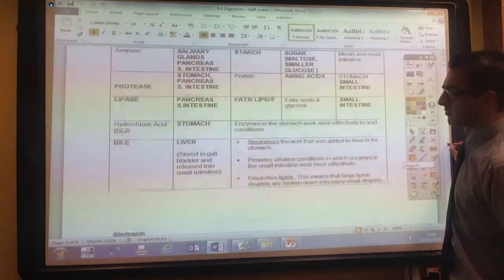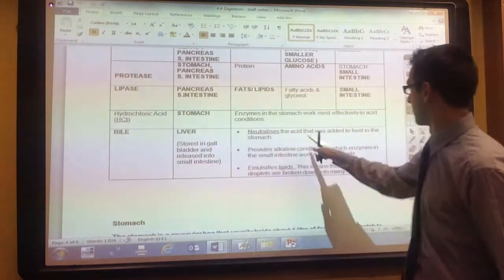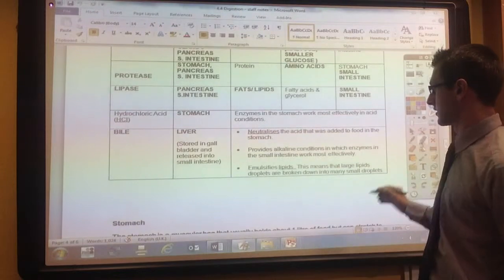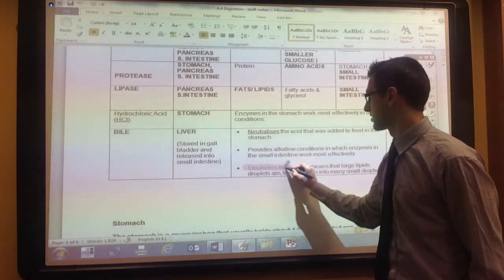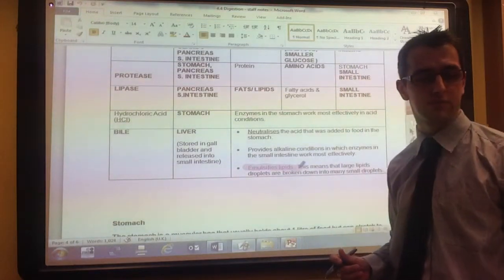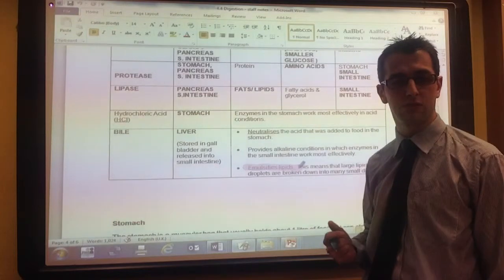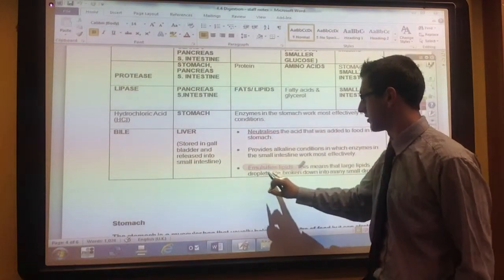Refer back to your table. Bile from the liver stored in the gallbladder, not only does it neutralise the acid, but it also emulsifies lipids. Lipids, you'll recall, hopefully from your enzymes and molecules topics, are made of fatty acids and glycerol, and therefore they need to be broken down.